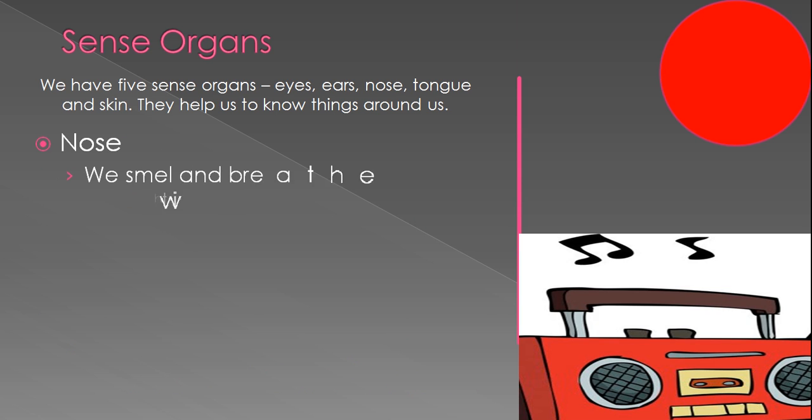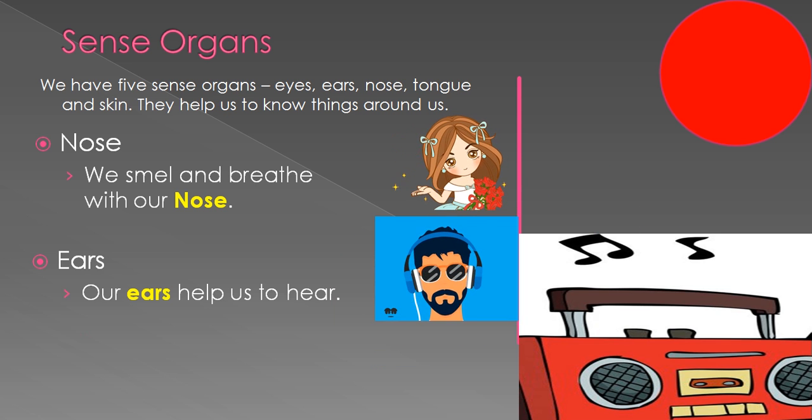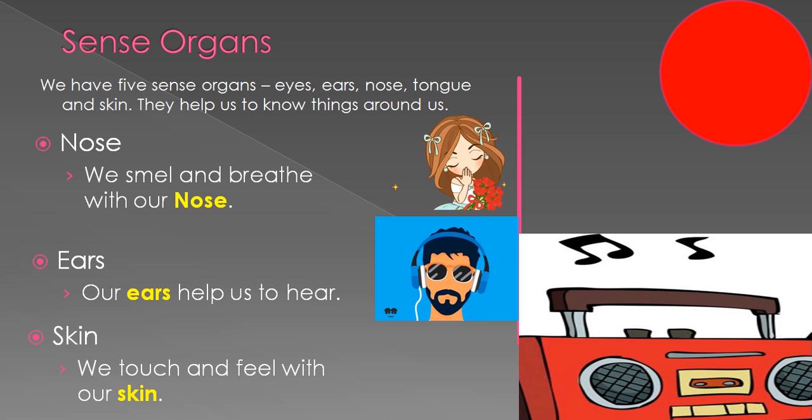The third one is the nose, which helps us to smell and breathe. Number four is ears, which help us to hear loud music. And the fifth is skin. Skin helps us to feel and touch.